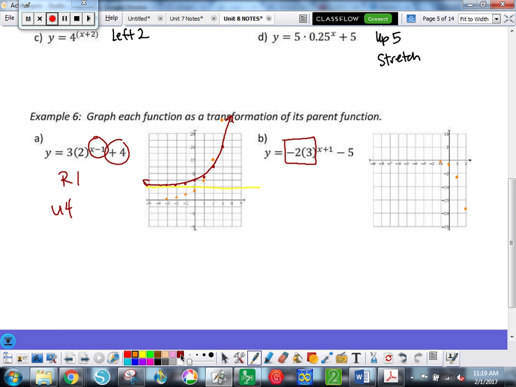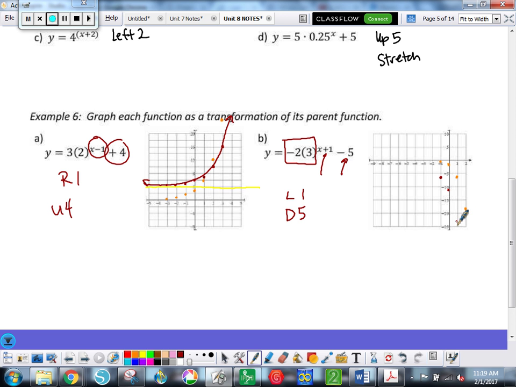How do I shift it then? What does this +1 minus 5 do? Each point needs to go left 1 and down 5. So I take this point right here, I go left 1 and down 5. I take this one, go left 1, down 5. Now conveniently, 5 is like the first box, right?